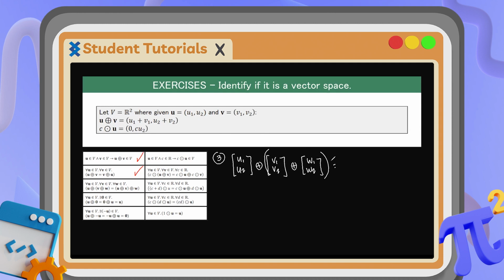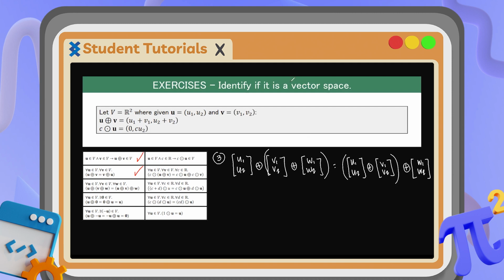And then we want to also check the left-hand side of the equation. So u1, u2 in parentheses with v1, v2, and then apply the vector addition operation to w1, w2.